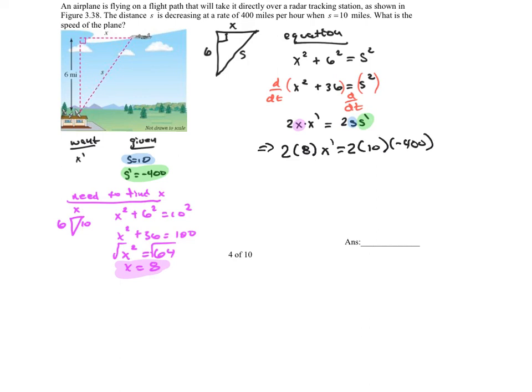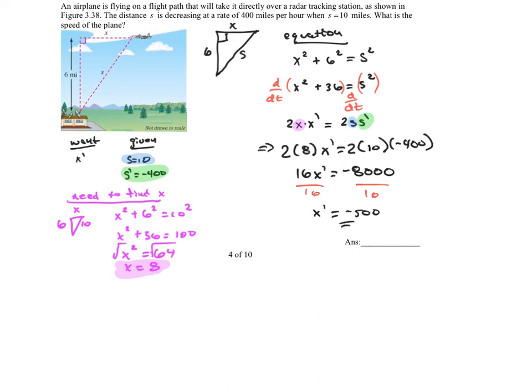Let's do some math here. 2 times 8 would be 16x prime. 2 times 10 times negative 400 would be negative 8,000. Divide both sides by 16, and x prime equals 8,000 divided by 16, and I'm getting negative 500.